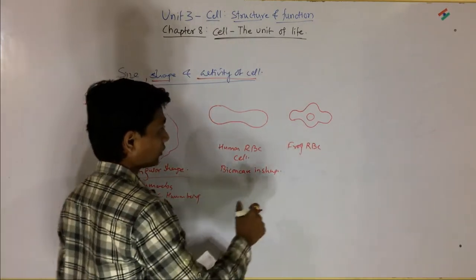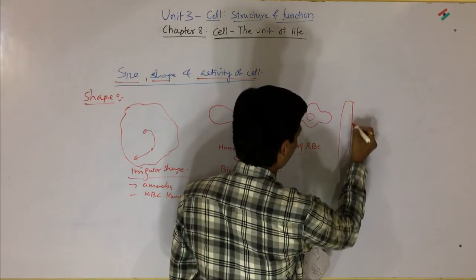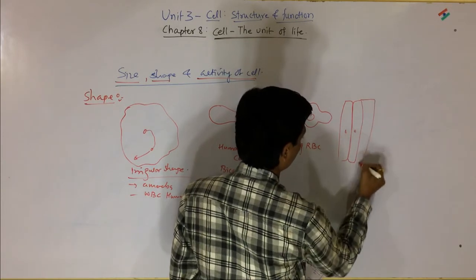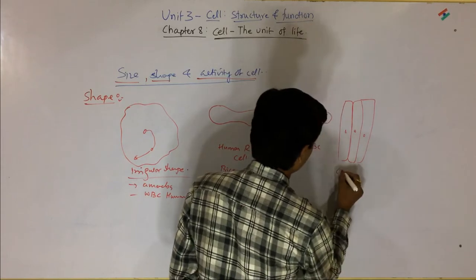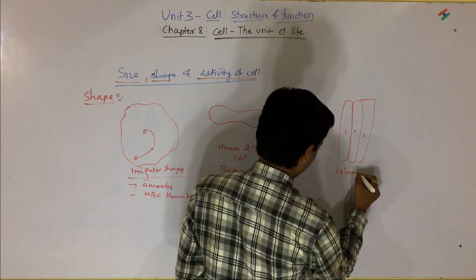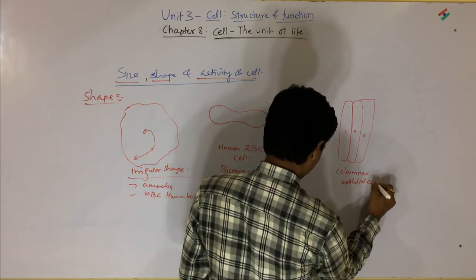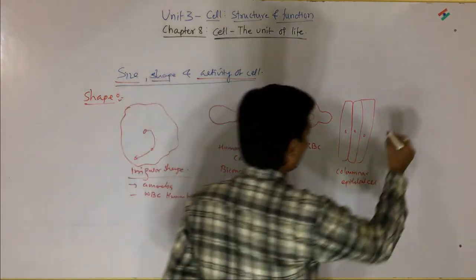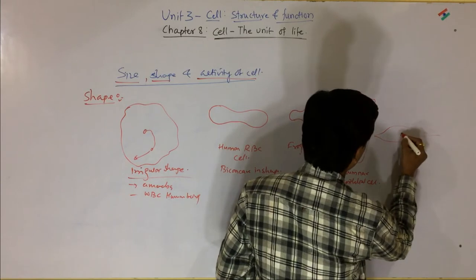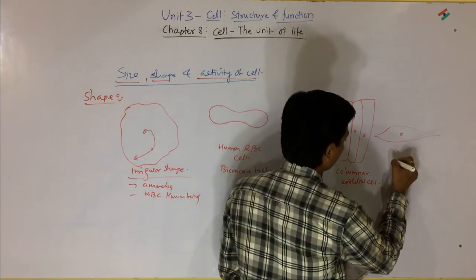Next, columnar epithelial cells are also there, which are column-like. Some cells are needle shaped or spindle shaped, which are present in our body in smooth muscles.